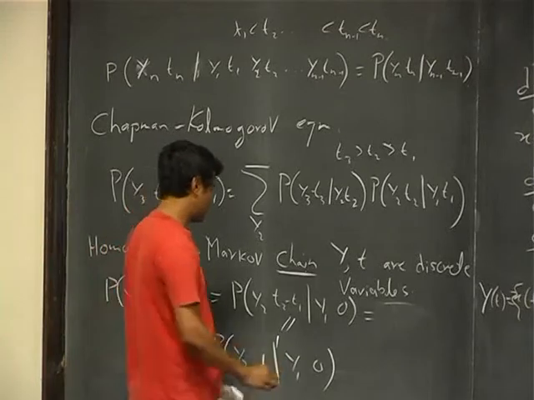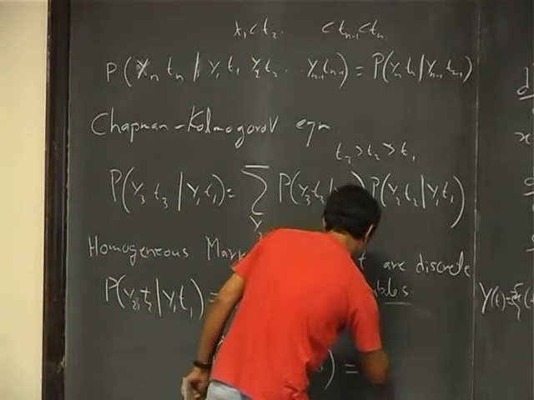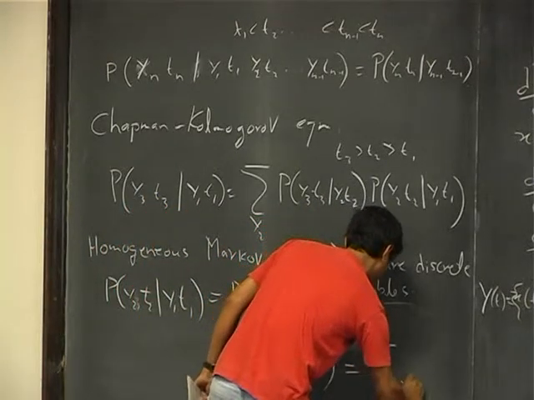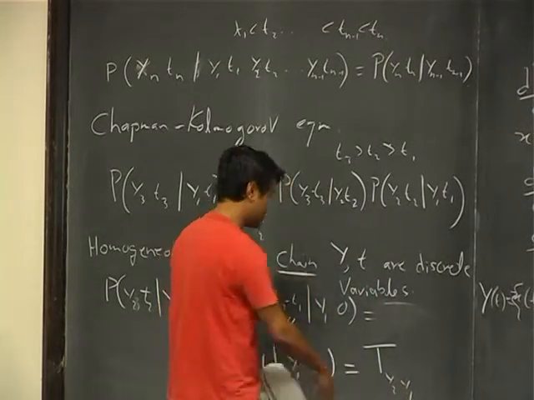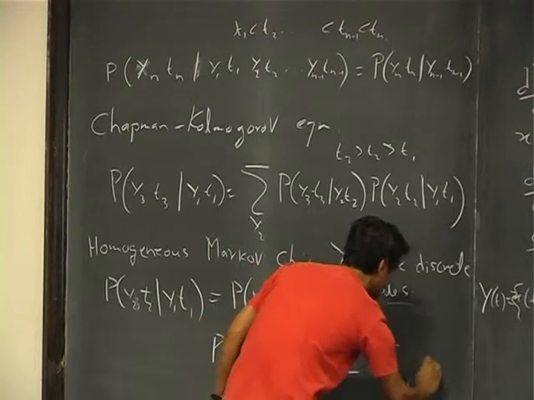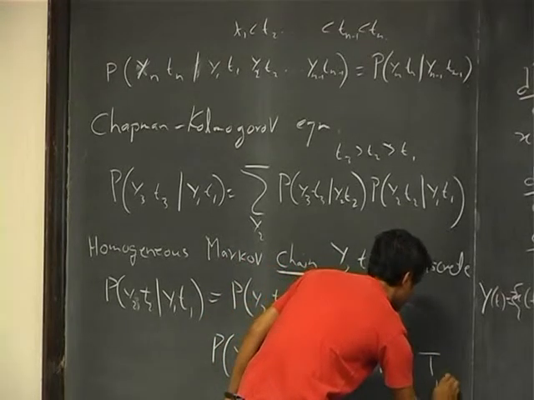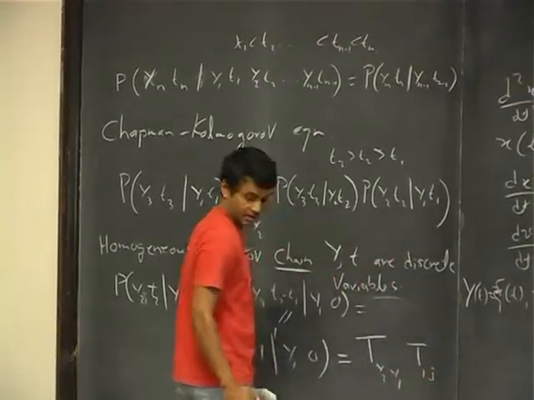So that we call T now: T of Y2, Y1, the probability of transition from Y1 to Y2. Then we said we'll just call it Tij. So this is transition from the j state to the i state.